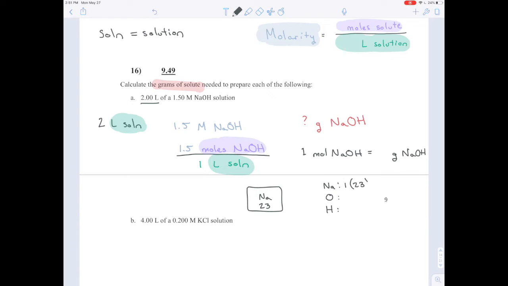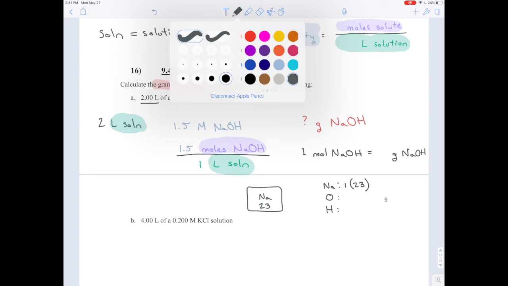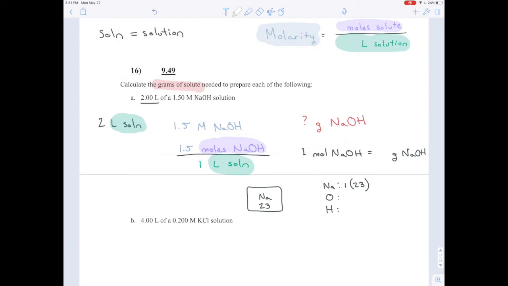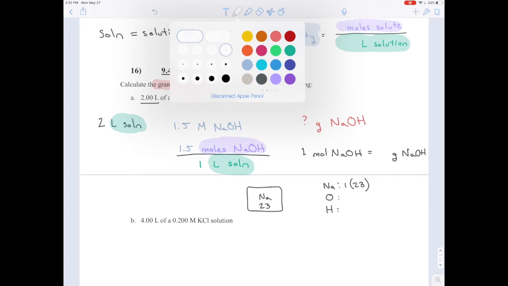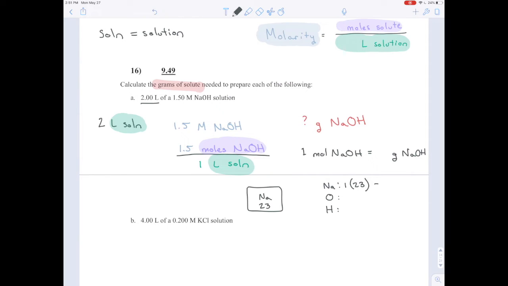That's the molar mass. It's the mass of 1 mole of sodium. Each mole weighs 23 grams. We only have that 1 mole, so total that'll be 23 grams coming from the sodium.